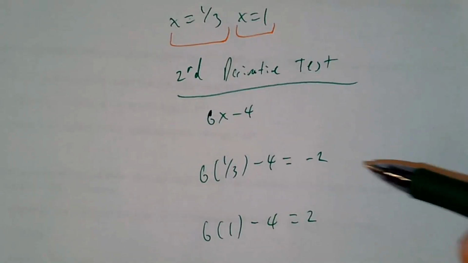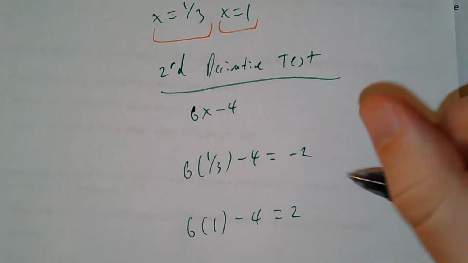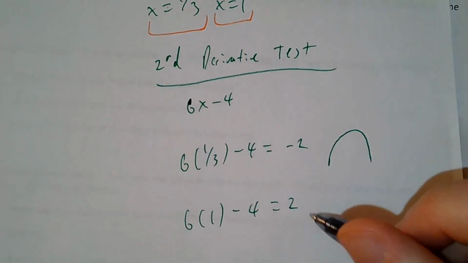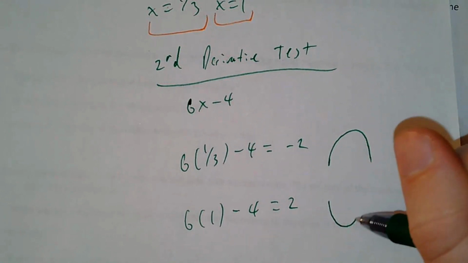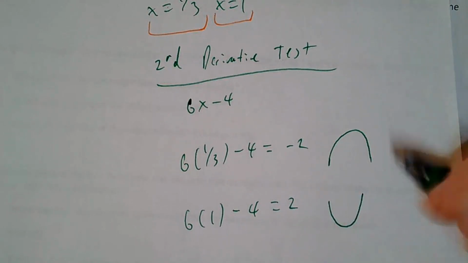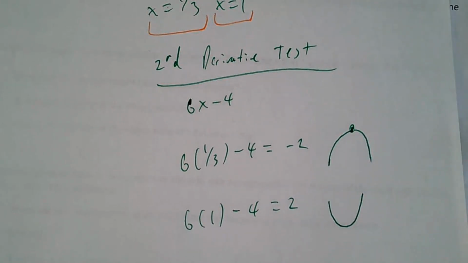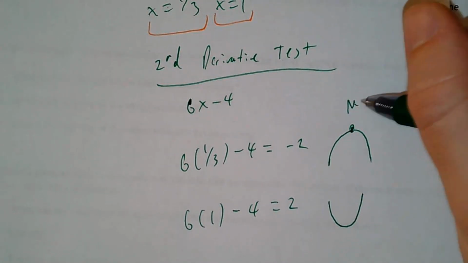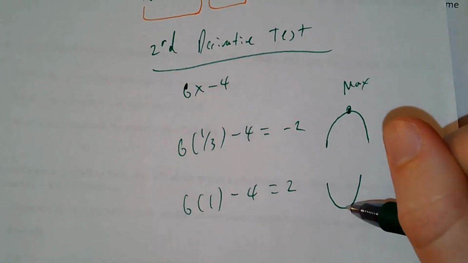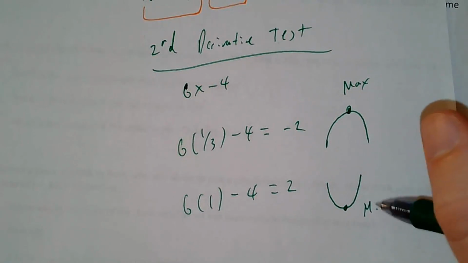Reminder that this is concave down, meaning it's going to be making this shape, and this is concave up, meaning that it's going to make this shape. So since this one is concave down, that means it must be a max. And since this one's concave up, this one must be a minimum.